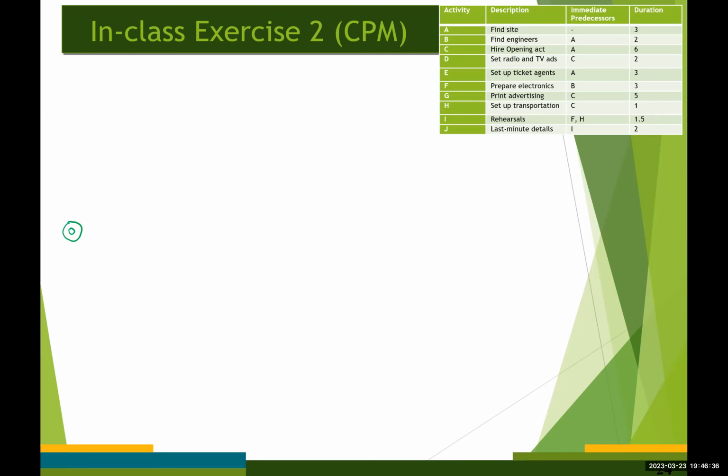And because activity A is the only one with no predecessor, we have activity A, and the duration for activity A is 3. So I'm going to put them in here.